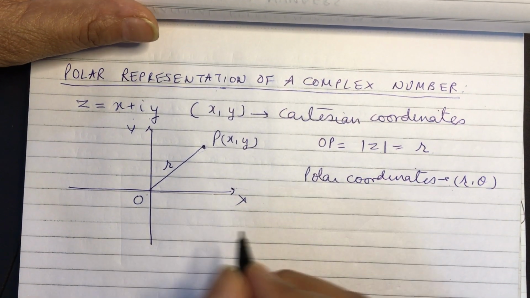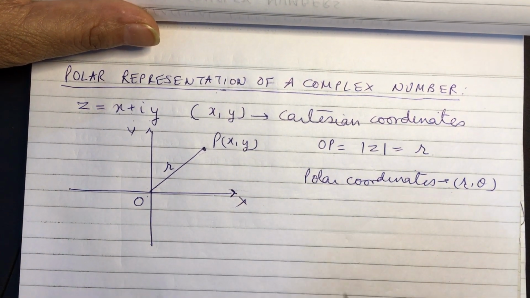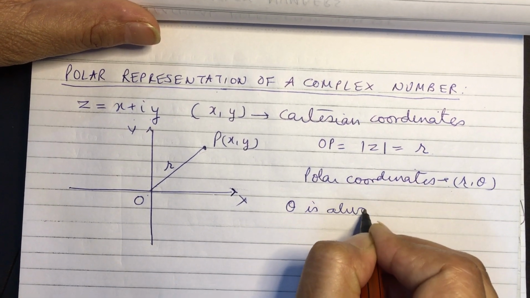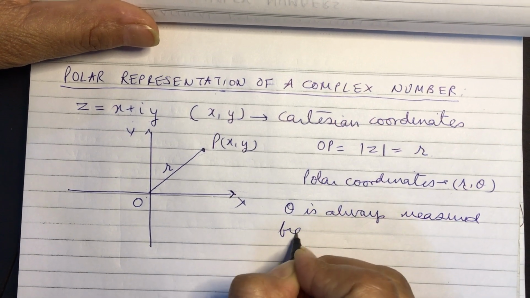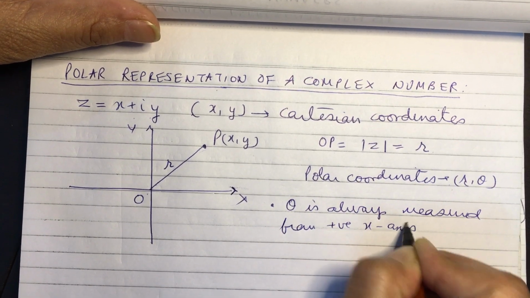Now, theta is always, we will follow two rules for finding theta. First thing is, theta is always measured from the positive x axis.